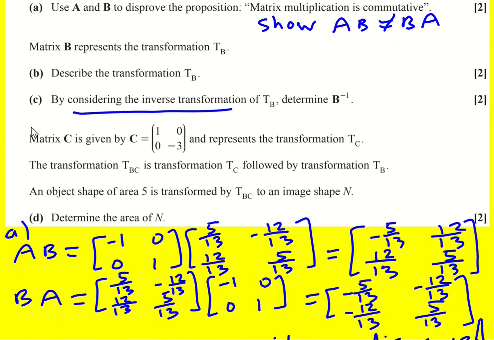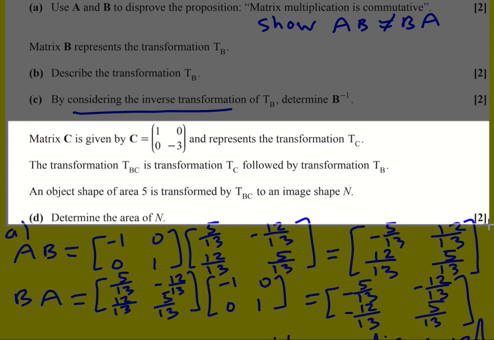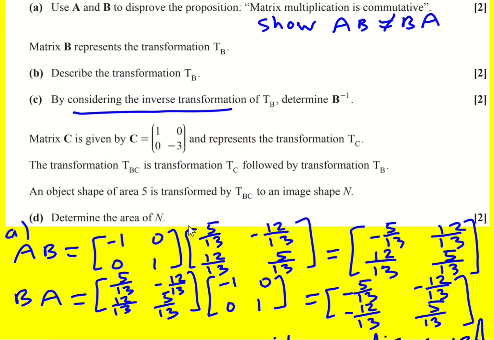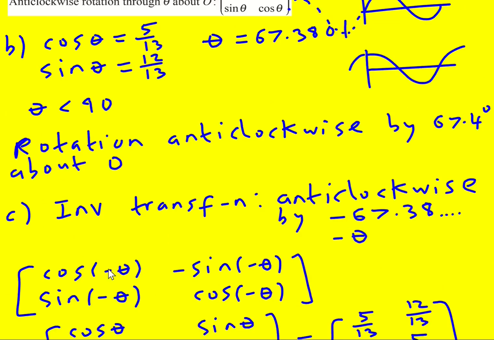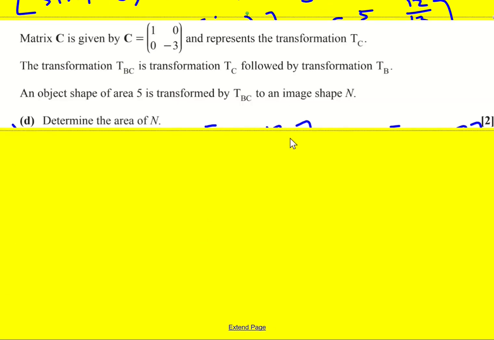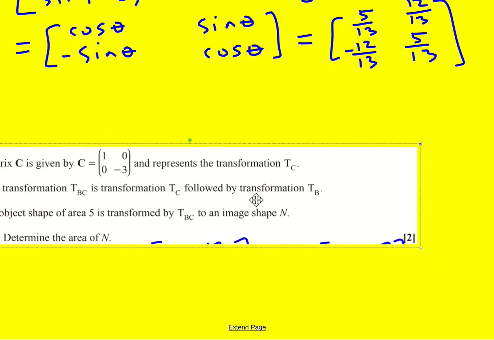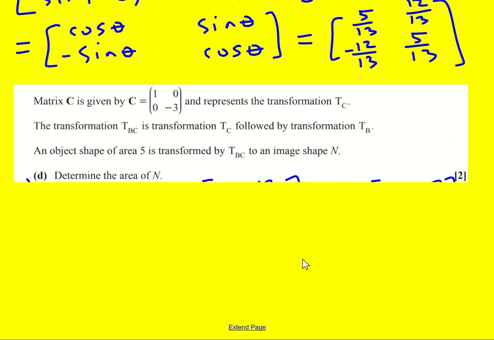Finally, we've got a different matrix C. I'm going to grab this. Okay, this is actually going to be a stretch. Oh, actually, it's got a negative in there as well, so it's even more complicated than that, but a kind of inverted stretch going on.